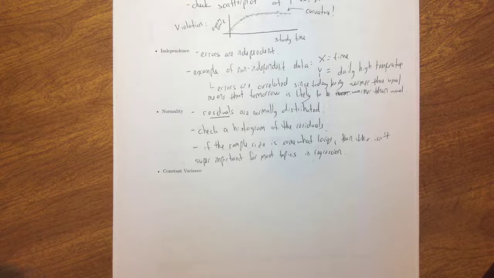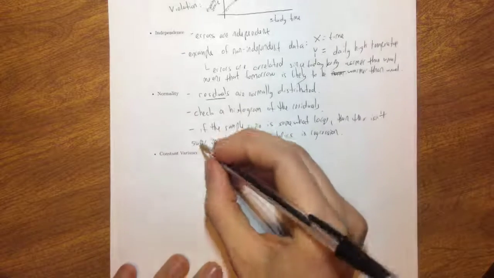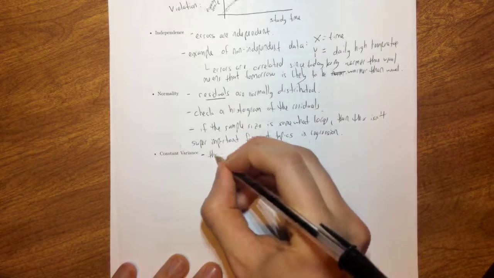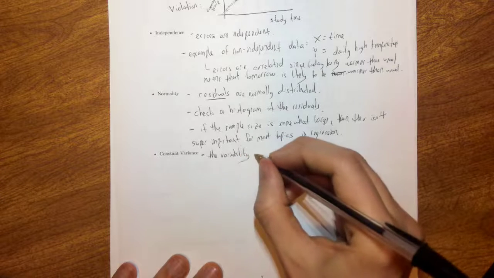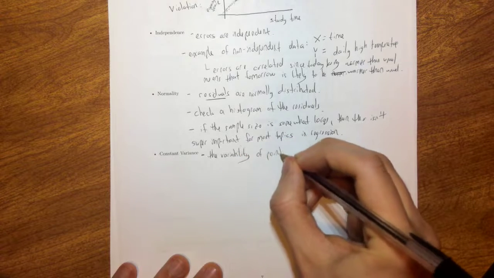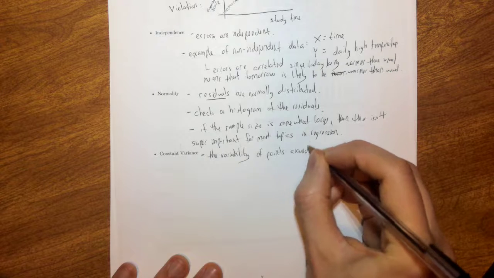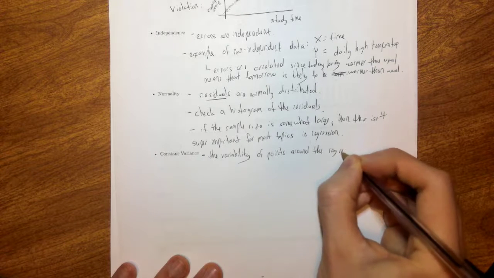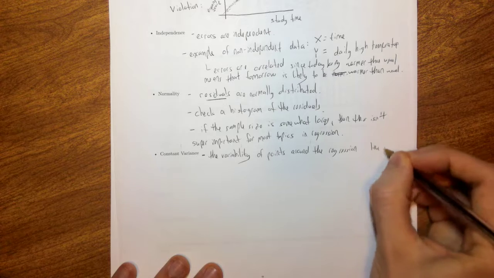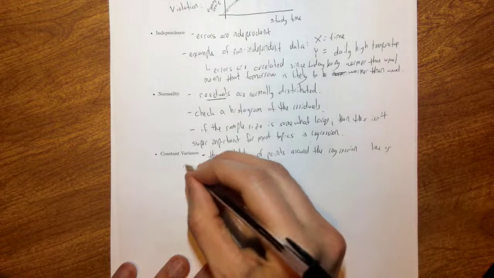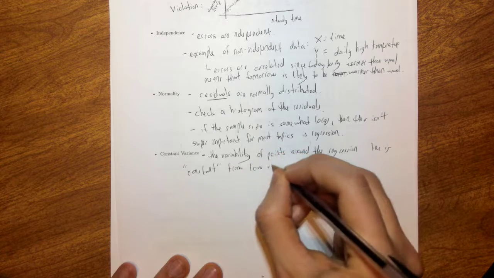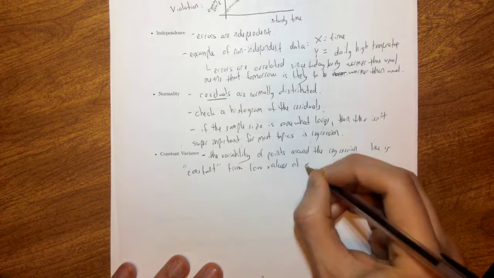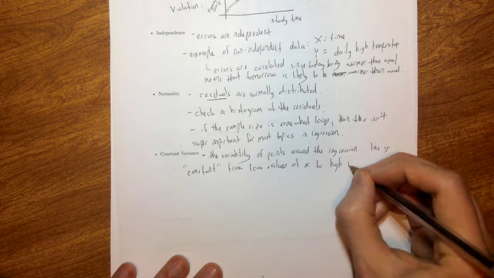The final assumption, I think, is the newest one, and this is constant variance. We'll write out what this is first, and then we'll see it in action. Constant variance means that the variance of points around the regression line is constant from low values of x to high values of x.